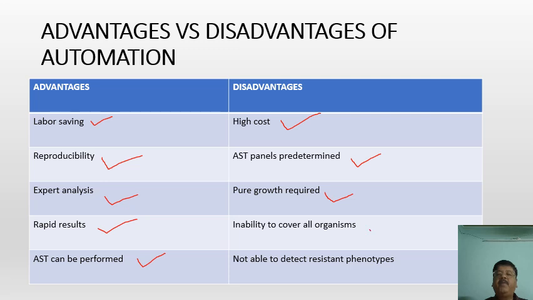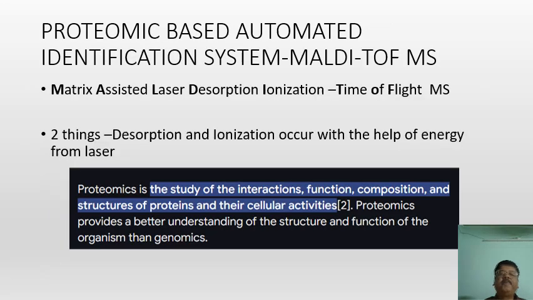The inability to cover all organisms: whatever the spectrum of organisms those cassettes are given, that only we have to utilize. We can't cover all organisms. Not able to detect the resistant phenotypes. So these are the disadvantages. So we have to balance the advantages and disadvantages, and depending upon that, we have to select what method is to be used.